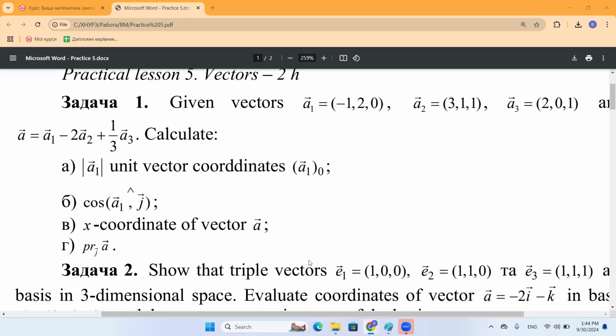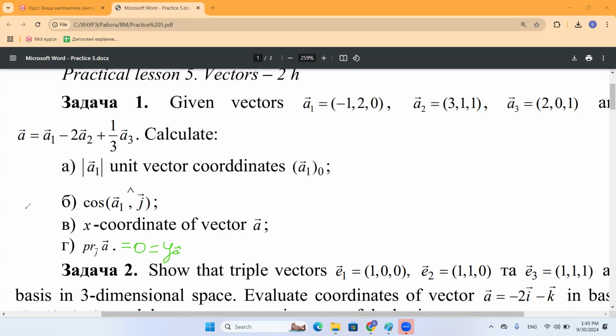So the x coordinate is the projection on the I vector, the y coordinate is the projection on the J vector, and the z coordinate is the projection on the K vector. So did you understand it? What I mean? So it just equals 0, yeah, it equals the y coordinate of A. And that's it.